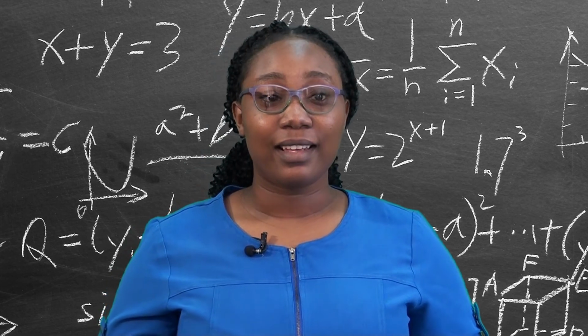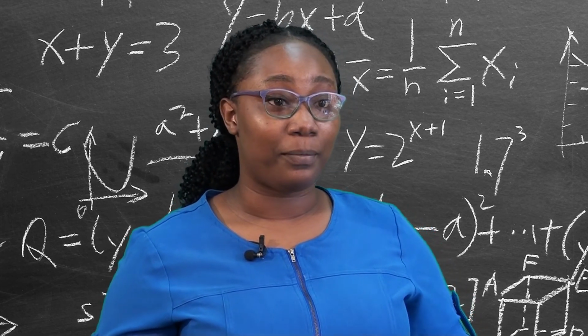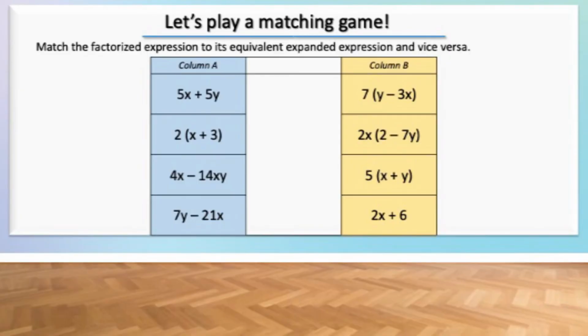Okay students, let's play a matching game. Can you match the factorized expression to its equivalent expanded expression? In column A, we have 5x plus 5y, 2 multiplied by x plus 3, 4x minus 14xy, and 7y minus 21x.